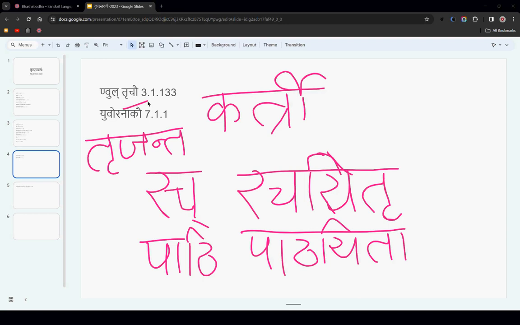In the pullinga, it is rikaranta pratipadikam, like rachayitru, kartru, hartru, etc. But in the strilinga, we add ee, then it is kartri, that is the pratipadikam, and pathayitri, rachayitri, hartri, and so on.